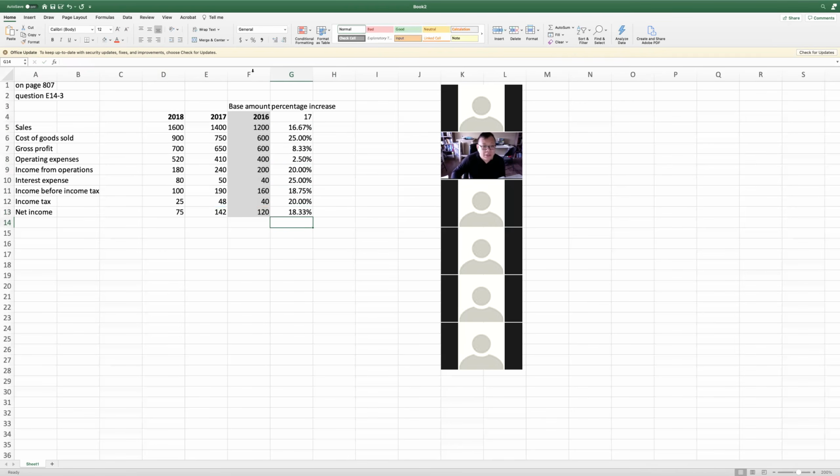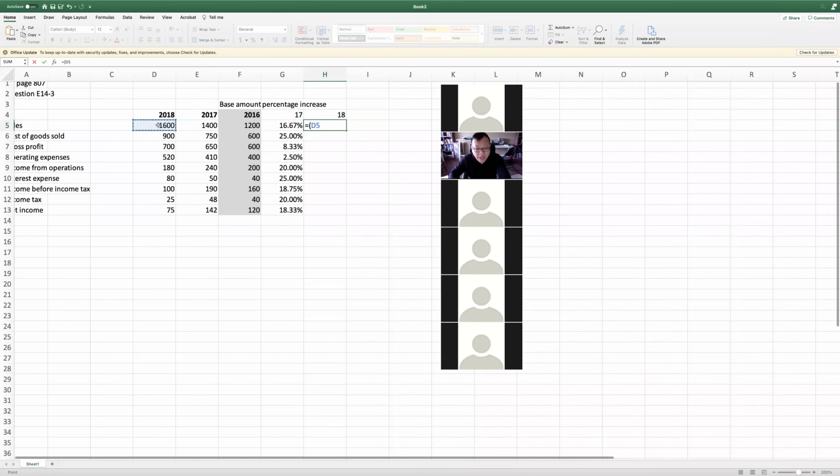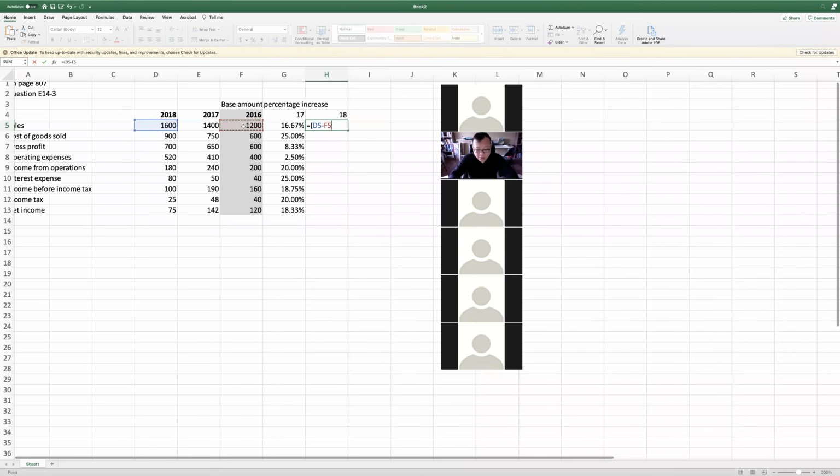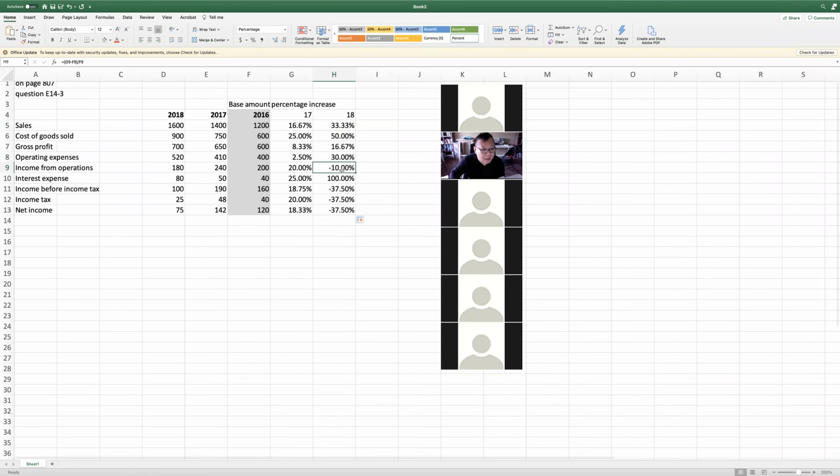Okay? So then the same idea, I want to check 2018. So I just need to use the 2018 numbers to calculate the difference. Sales minus base year, divided by base year. 33.33%. And for income from operation, it is a negative 10%.